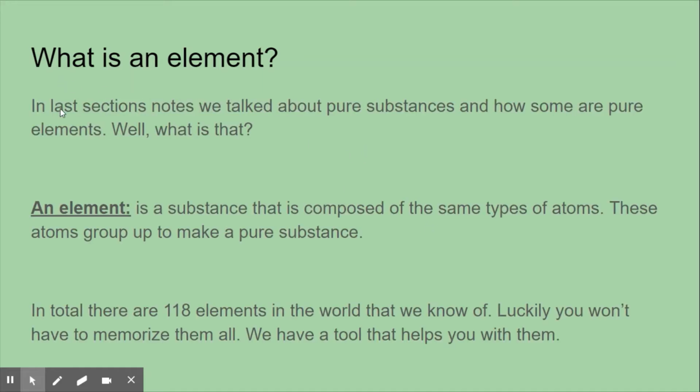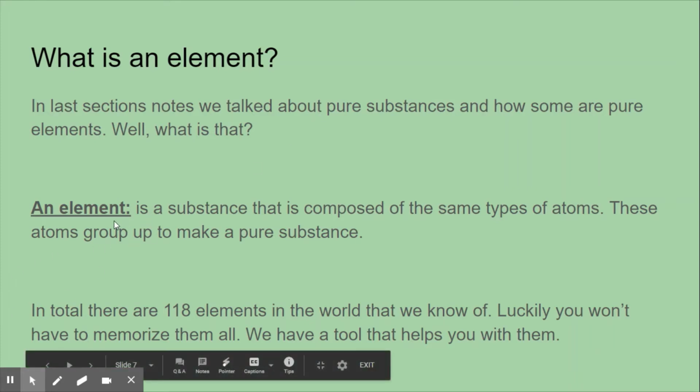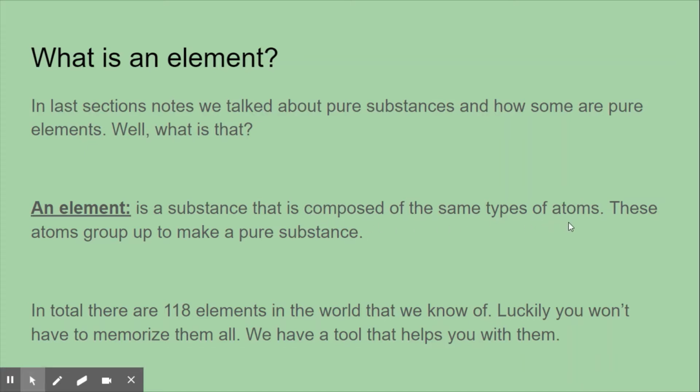In the last section of notes, we talked about pure substances and how some pure substances are elements. So like I was saying, an element is a substance that is composed of the same type of atoms. These atoms group up to make a pure substance.